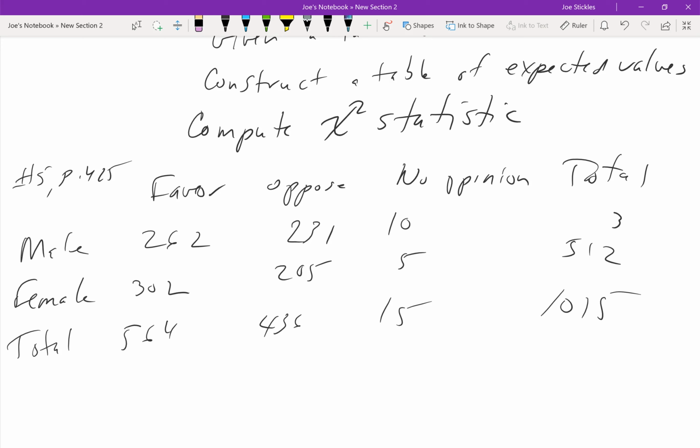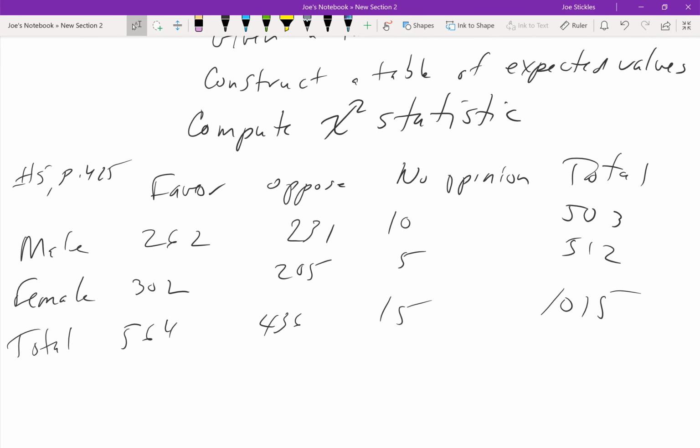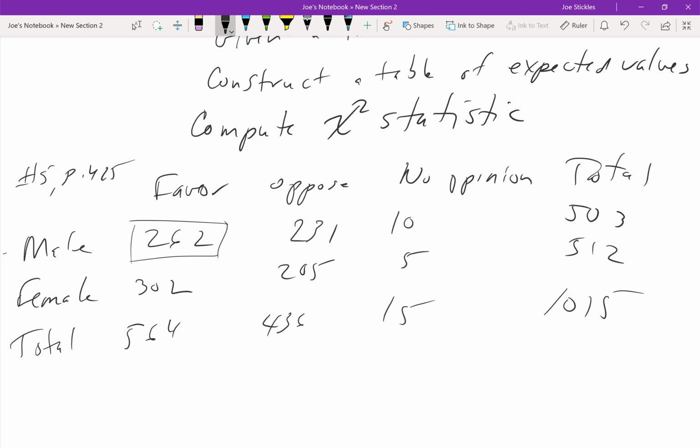the idea behind independence is that in each of these particular entries in the table, you should be able to compute it by doing the probability of A intersect B equals probability of A times probability of B, right? So if this is my A and this is B, then my probability that A happens is 503 out of the 1015, right?